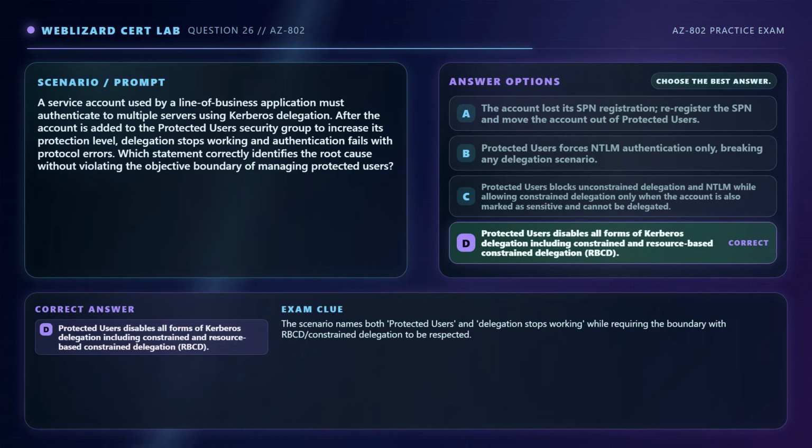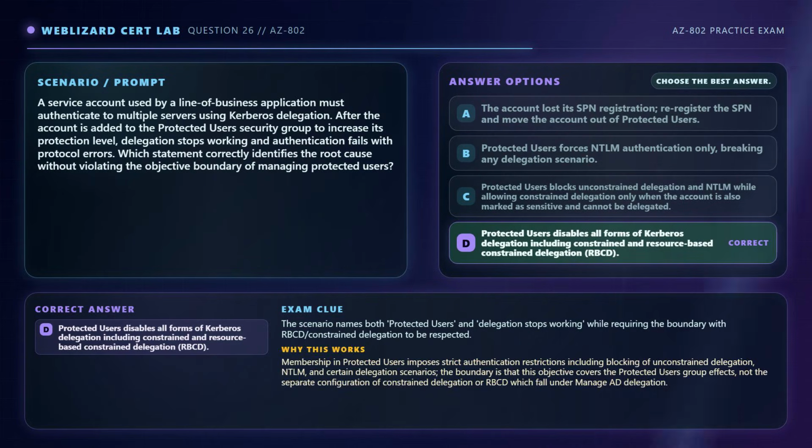The correct answer is D. Protected Users disables all forms of Kerberos delegation, including constrained and resource-based constrained delegation, RBCD. Membership in Protected Users imposes strict authentication restrictions, including blocking of unconstrained delegation, NTLM, and certain delegation scenarios.